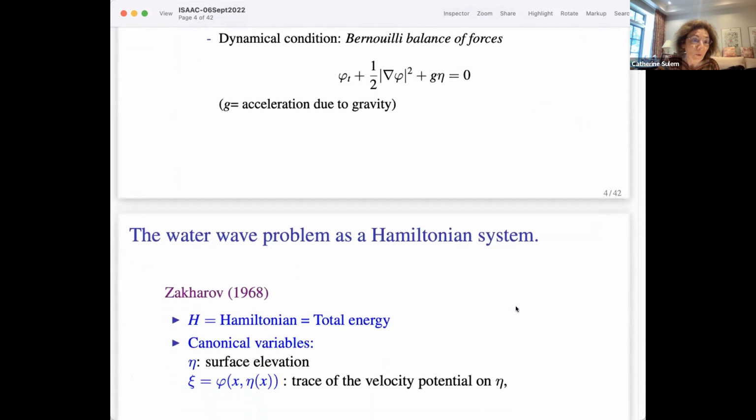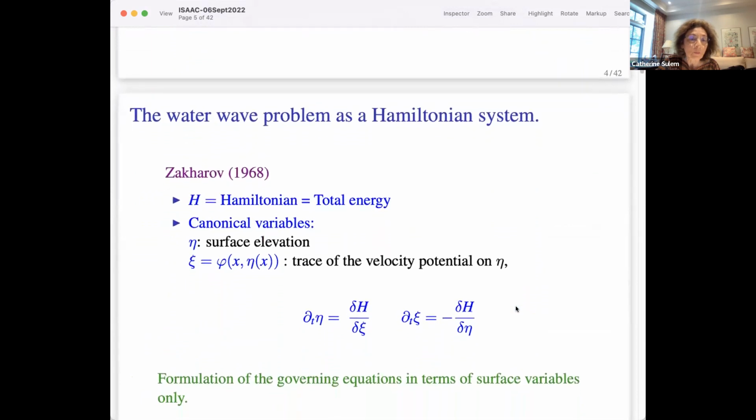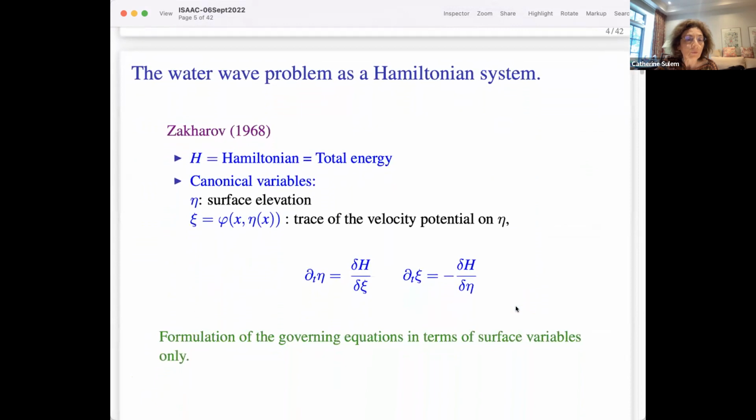These are the classical equations, and it's of course well known that in '68 Zakharov observed that this system has a Hamiltonian formulation in terms of the canonical variables eta of x, the surface elevation, and xi, the trace of the velocity potential.